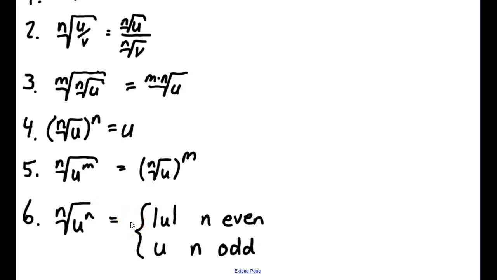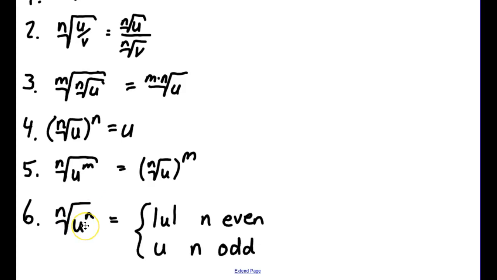The sixth one, we have the nth root of u raised to the nth power. This has two conditions. This is going to be equal to the absolute value of u if n is even, and this is going to be equal to just u if n is odd. The reason we have this absolute value condition is, think back to the last property, I could move this exponent to the outside of the radical, so I would just have u underneath the radical.